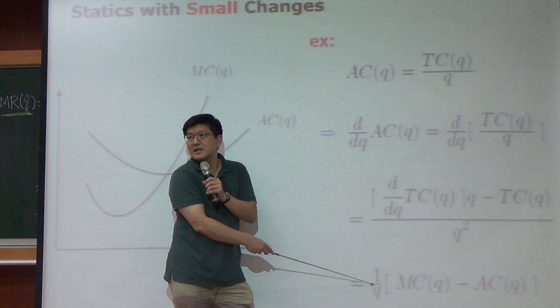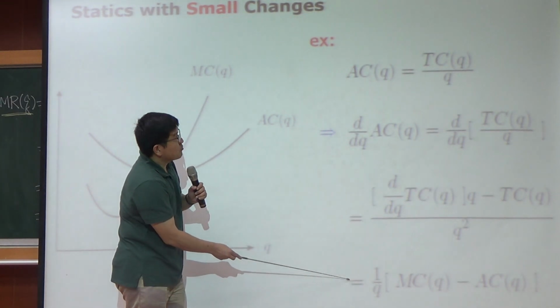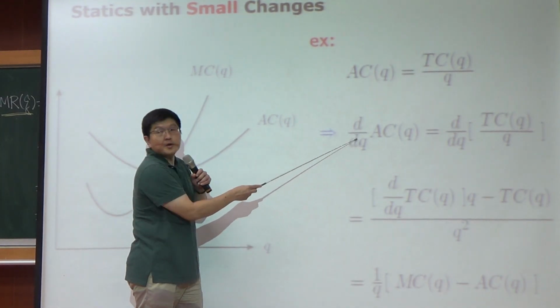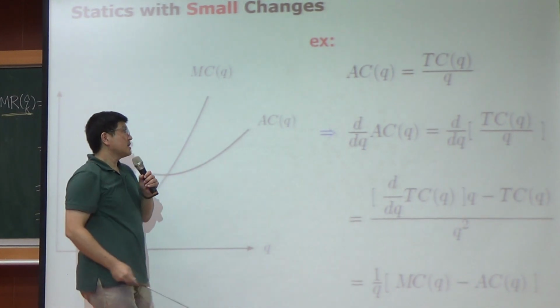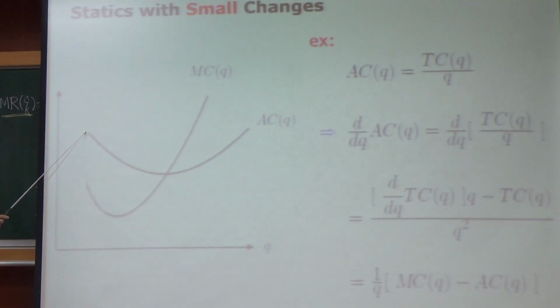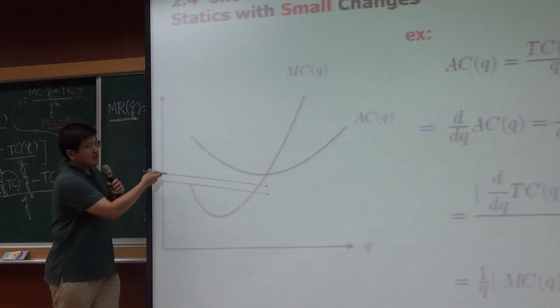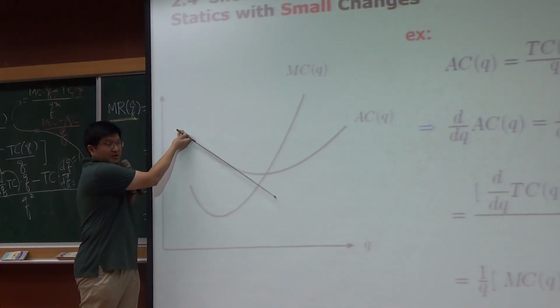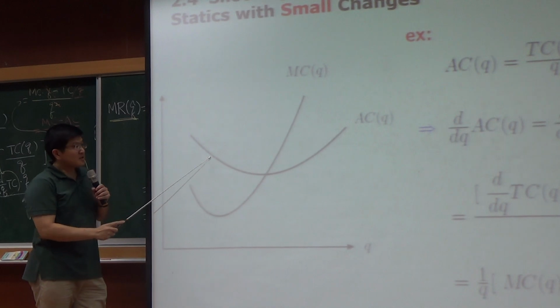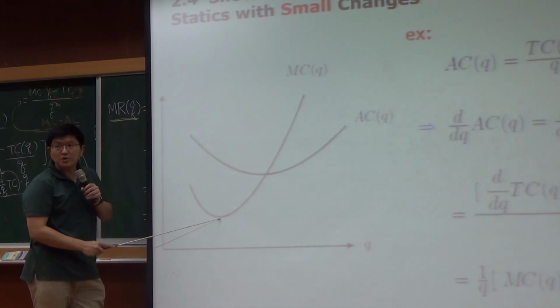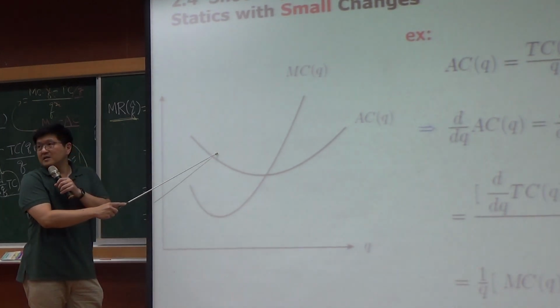Okay? A negative what? A negative slope of the AC curve. So we just see the AC curve falls, and the slope is negative, which corresponds to a smaller marginal cost and a higher average cost.